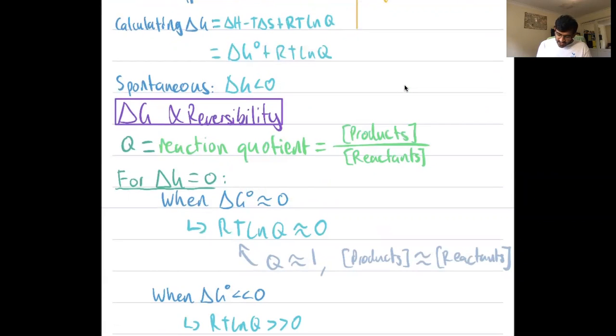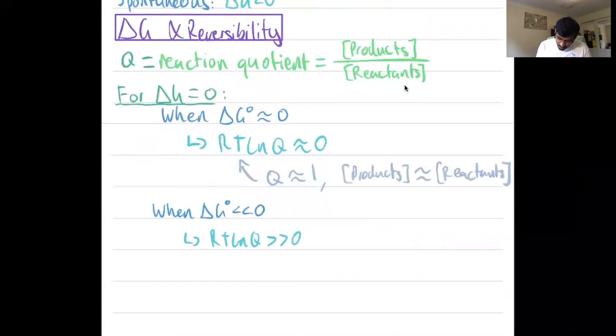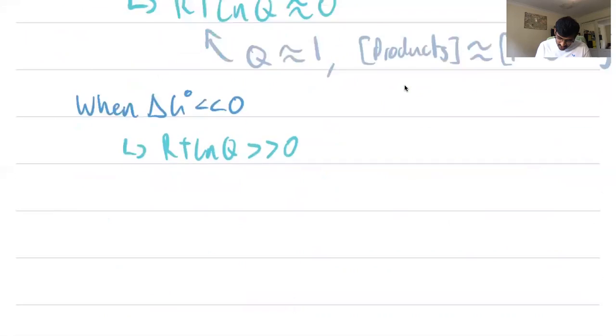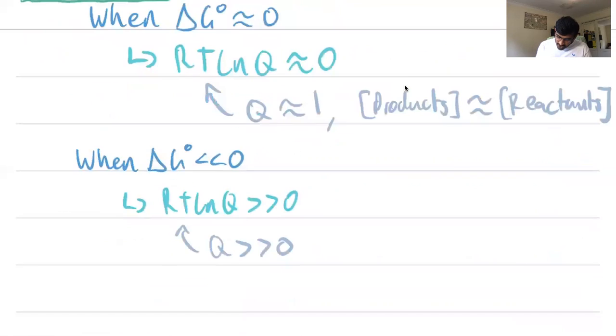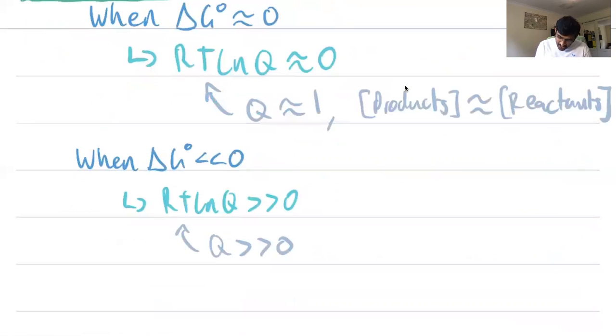For RT ln Q to be very positive, what I have to get is that my Q value is very large. Now for Q to be very large, my concentration of products must be greater than, or much greater than, my concentration of reactants.